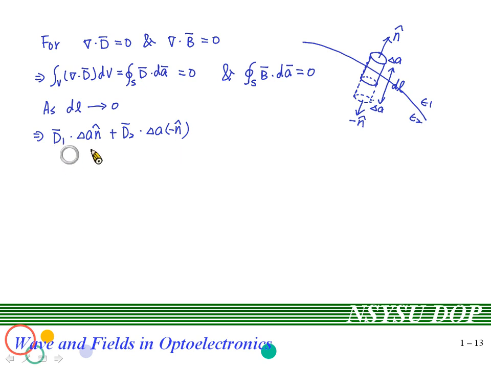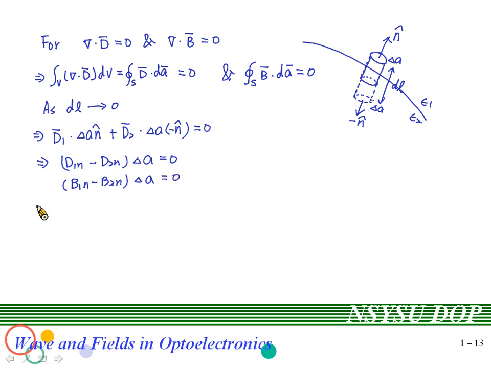And we can rearrange these two. Then I can rewrite it as D1n minus D2n times delta A is 0. And also we can have B1n minus B2n times delta A is 0.